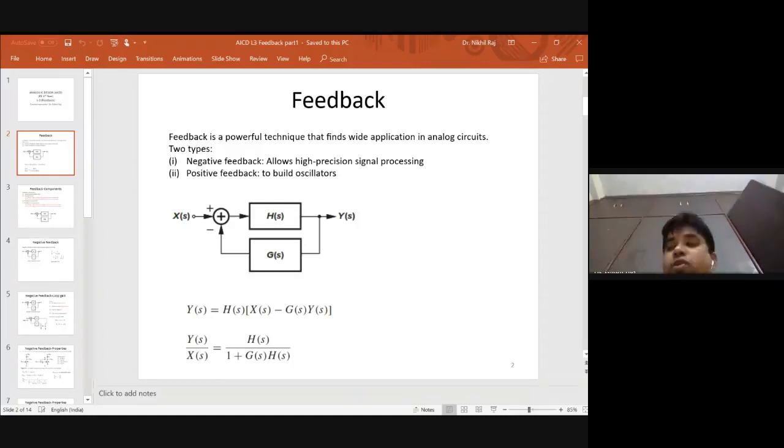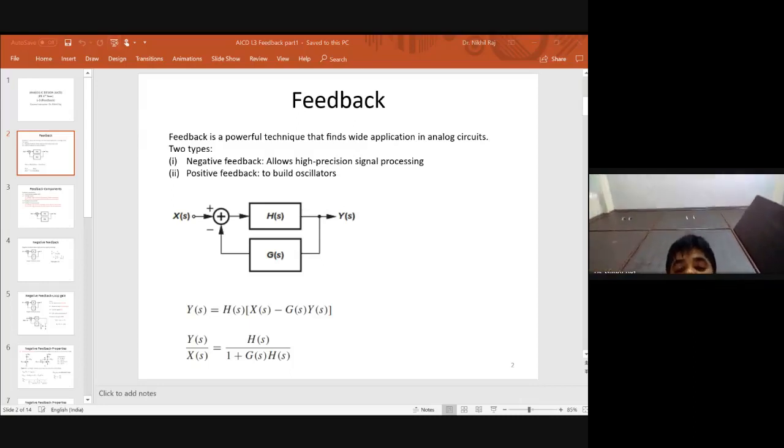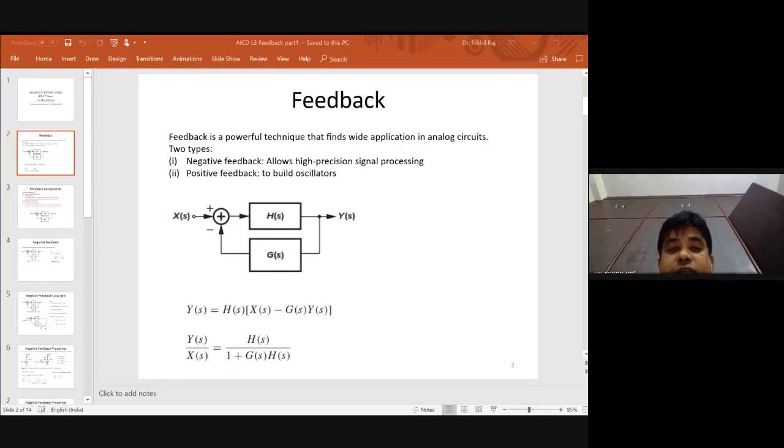So feedbacks are employed. Generally two types of feedback you will see in the circuits: the first one is positive feedback, and another one is negative feedback. Feedback is a powerful technique that finds wide application in analog circuits.